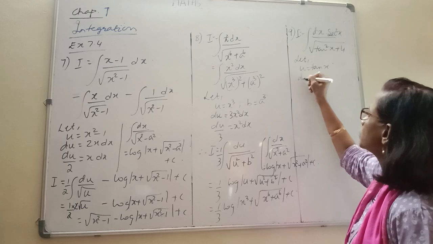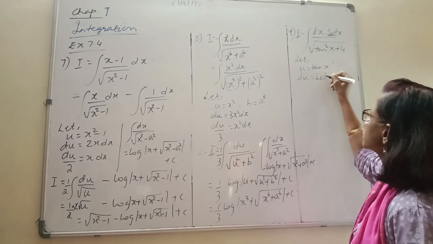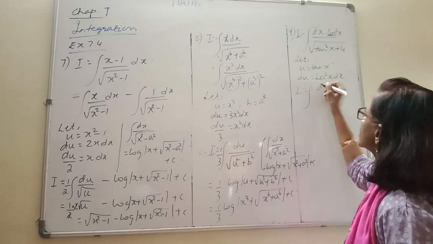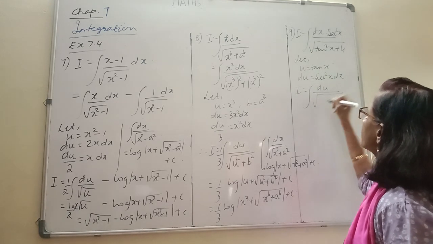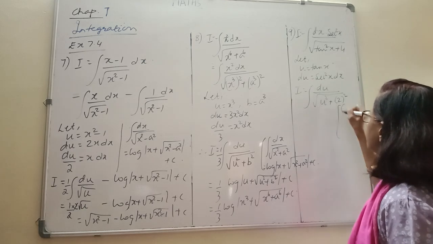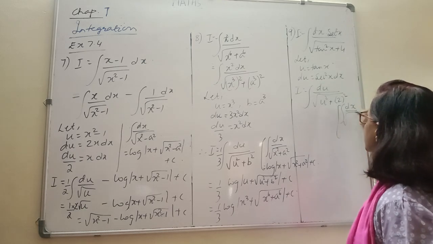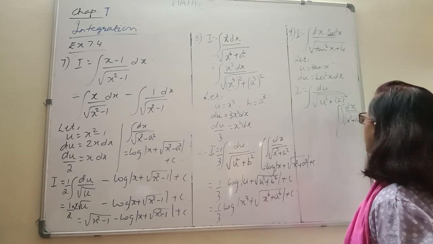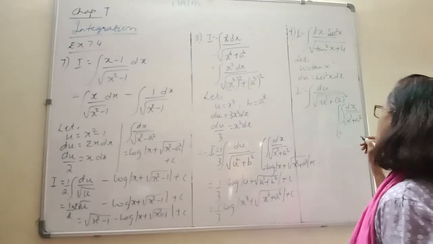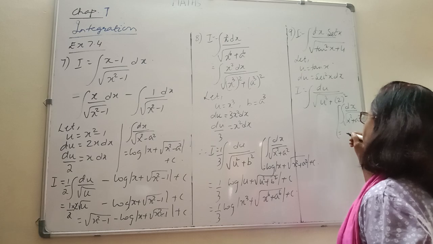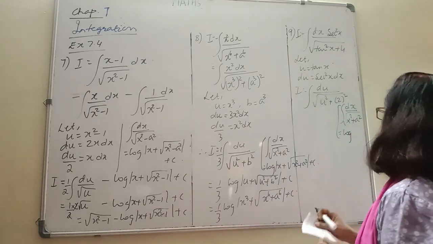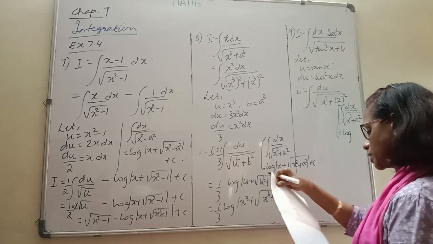We know du over dx is going to be sec squared x. So sec squared x dx, which makes our I as du in the numerator, and in the denominator root of u squared plus 4. Four can be written as 2 squared, so that we are in the integral dx over root of x squared plus a squared. So that's going to be log x plus root of x squared plus a squared.